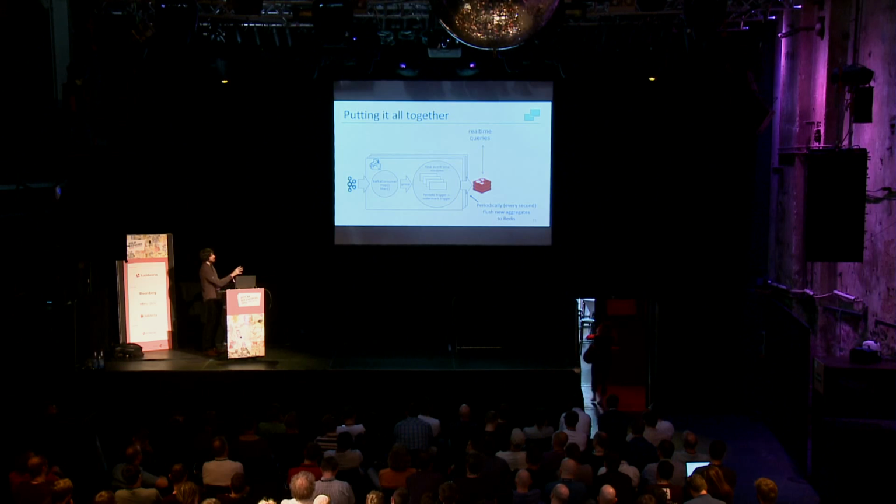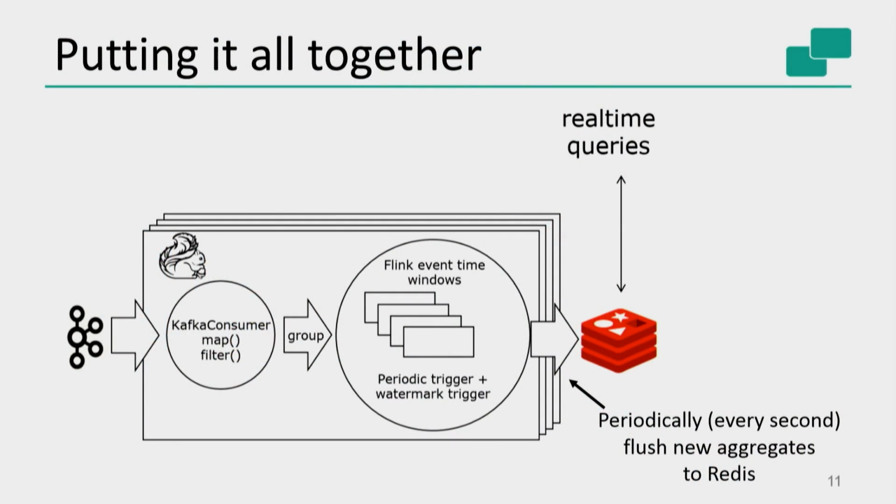So, looking at this very simple design, it may feel a little funky. You flush all these early aggregates always into Redis, and then at some point you do the final ones and can close the window and move on to the next hour. But apparently that's what people are doing.